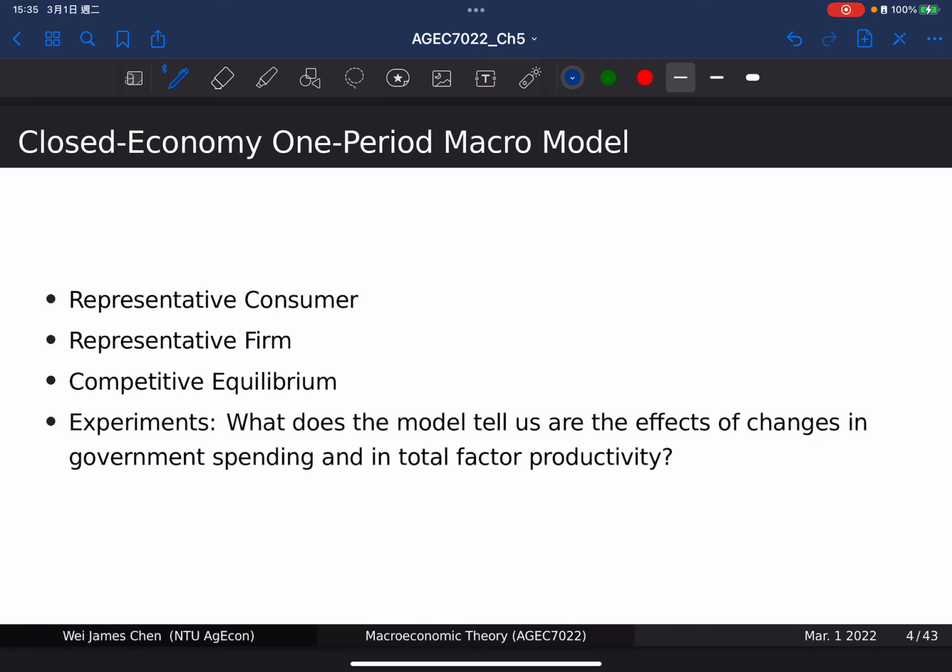Recall from the previous chapter, we have the representative consumer that we learned last week and the representative firm that we learned last class, and using both of them, we can construct the CE. Then we will tell you what happens to the CE when government spending increases or total factor productivity increases.